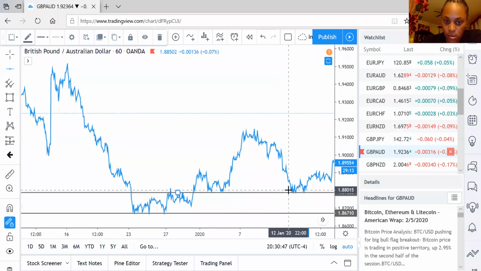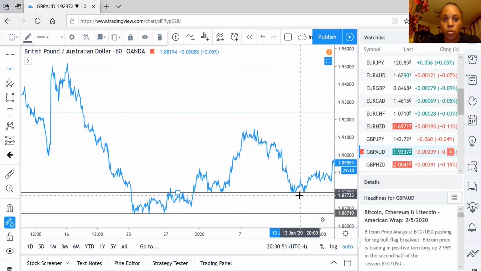That's my preference. I don't have to try to sift through wicks and breakout candles and fake out candles and all these different things that happen in the market. I don't have to squint my eyes to see what is actual support and resistance. If I go to the line chart, I can clearly see it.